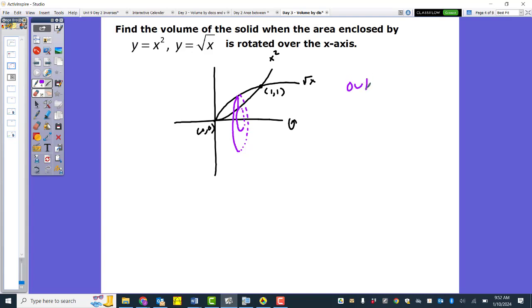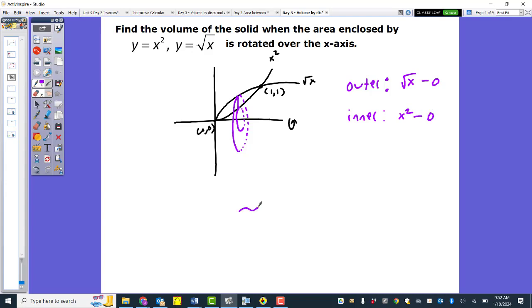So the outer is going to be this outside function, square root of x, minus the axis, which is 0. The inner is going to be this inside function, x squared, minus the axis, which is 0.